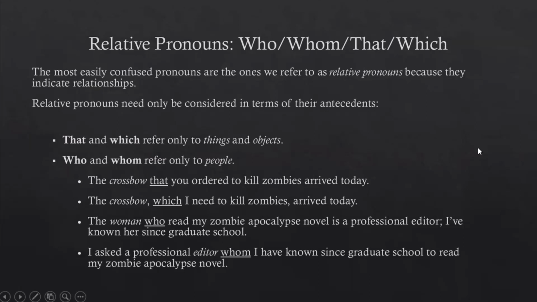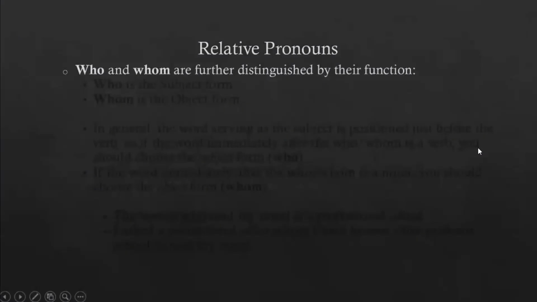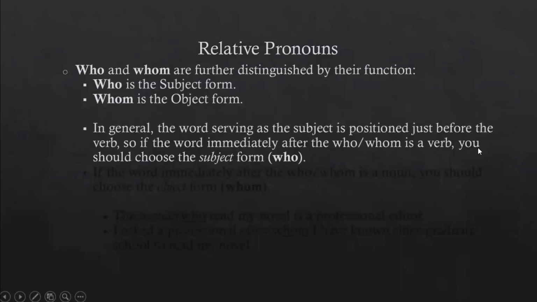If it's referring to a person, use who or whom. How do you differentiate between the two? It's actually pretty easy. Who and whom are further distinguished by their function. Who is the subject form, whom is the object form. In general, the word serving as the subject, and I've said this before, is positioned just before the verb. So if the word immediately after the who is a verb, use the subject form, who.